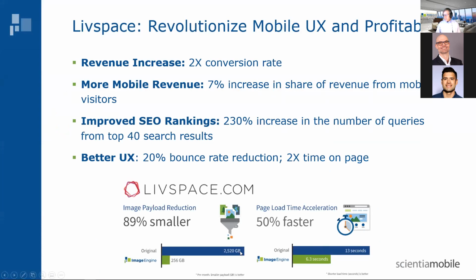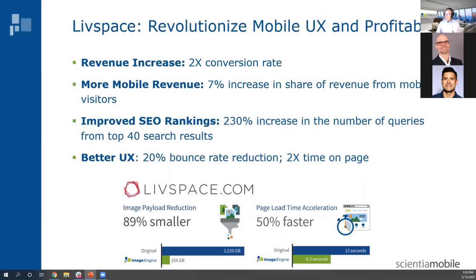On a monthly basis, their original payload would have been 2,500 gigabytes, or 2.5 terabytes of traffic. With ImageEngine, we were able to save them about 89% of that payload with no impact on the quality of the images. And today they're serving about 250 gigabytes per month.